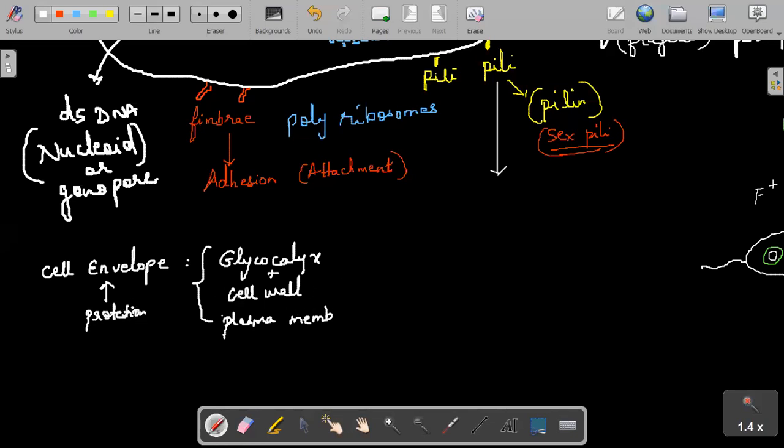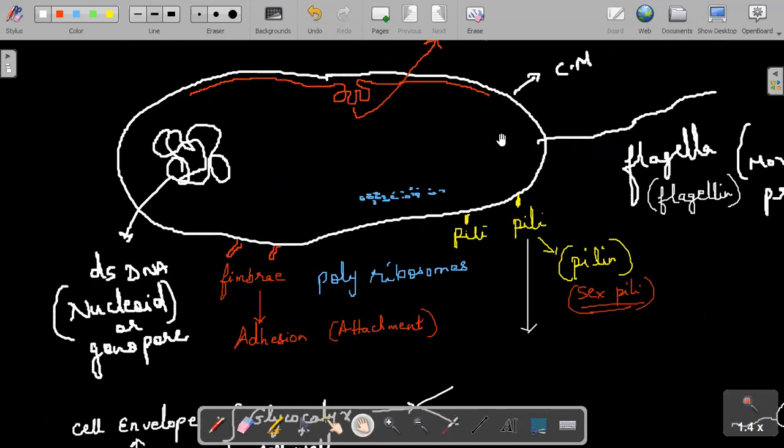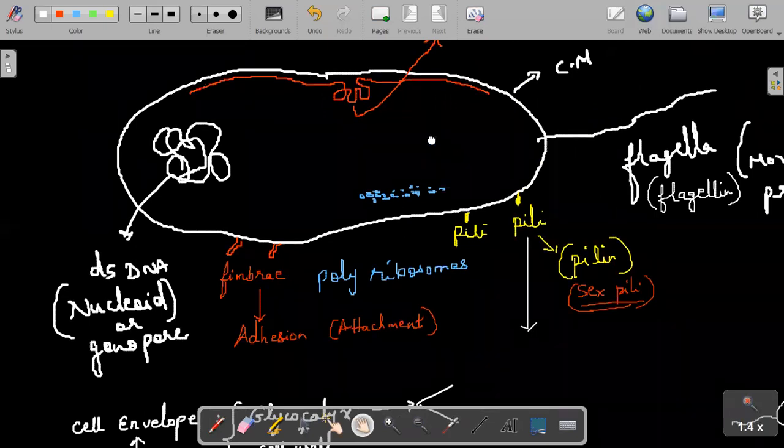Okay. So let's come to glycocalyx first. Now, glycocalyx is the outermost protective layer. Okay, it's a viscous layer which is present outside the cell wall. So I said that this is the cell wall, right? Or cell membrane basically. So I'll tell you these structures first.